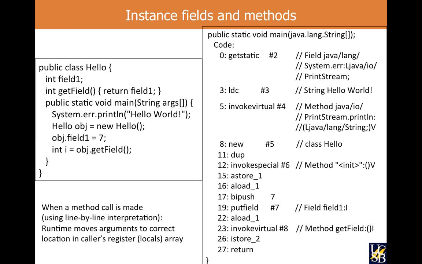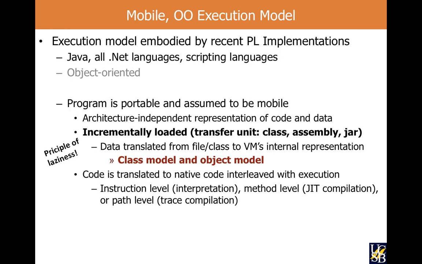So the parameter list doesn't show this argument or parameter in its signature, but we know that it's there because this method is an instance method. There is no static keyword on its definition. So again, instance field accesses and instance method invocations require an object instance to be on the operand stack prior to that instruction being executed.